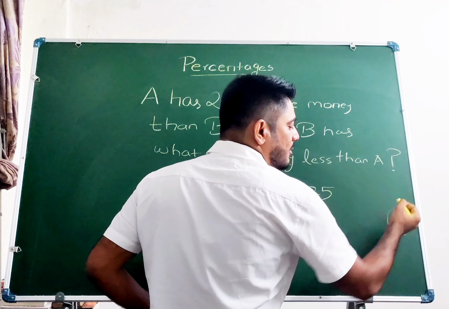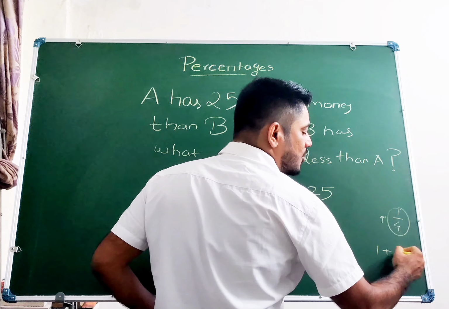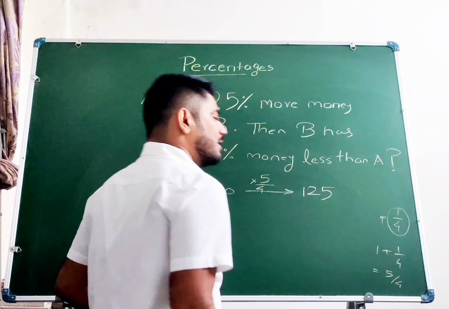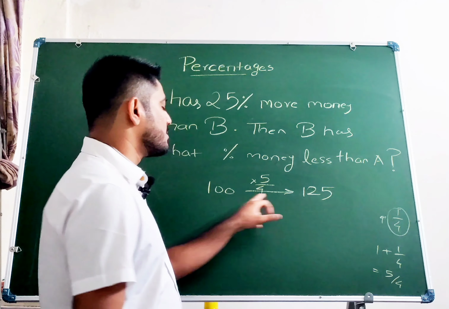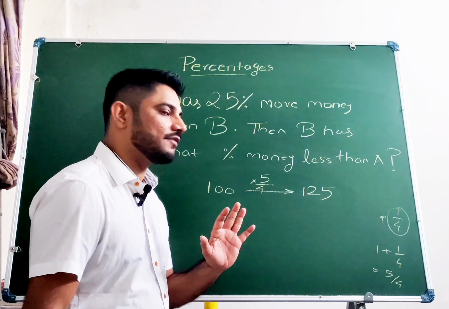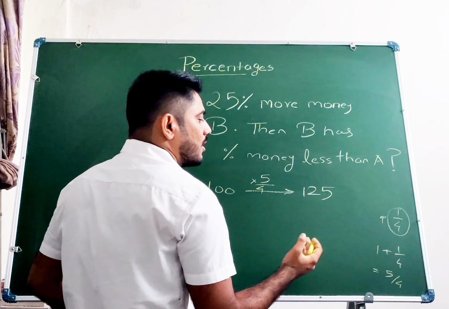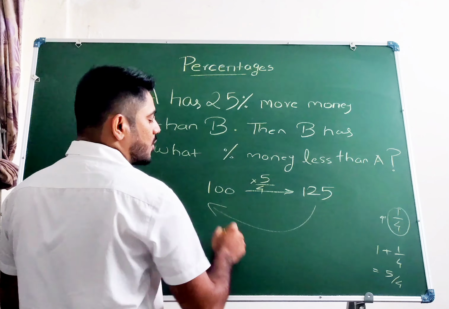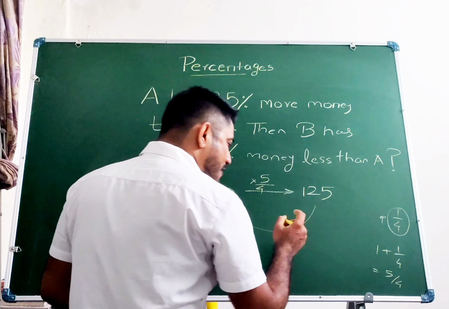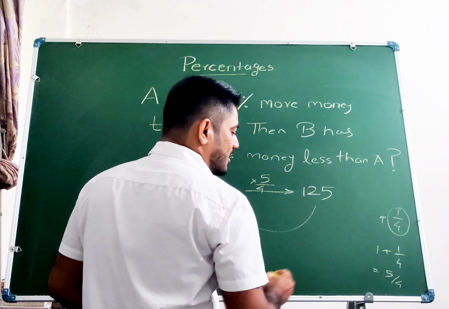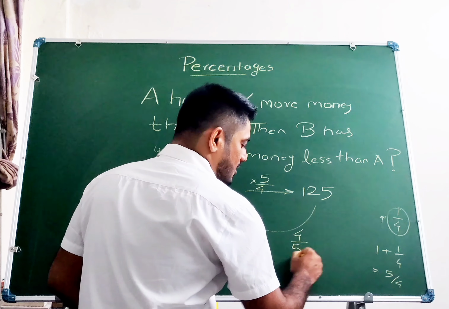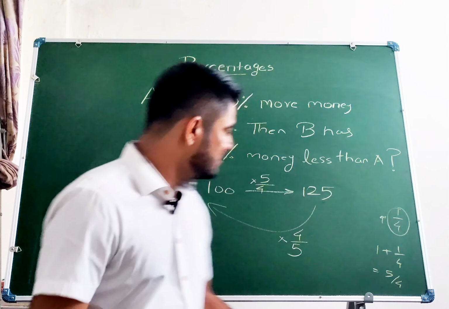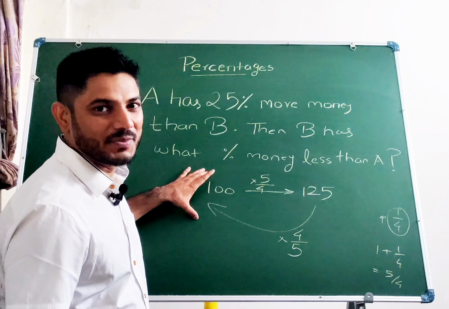And if I'm increasing an amount by 1 by 4, my final value would be 100% plus 25%, which is 5 by 4. So, if I multiply this number by 5 by 4, I'm going to get 125. By what ratio should I multiply 125 so as to get 100 back? I will have to multiply it with 4 by 5. If I multiply it with 4 by 5, I'm going to get 100 rupees back.